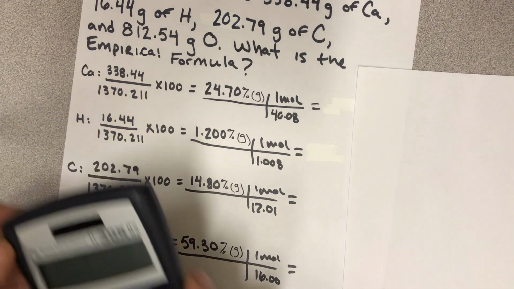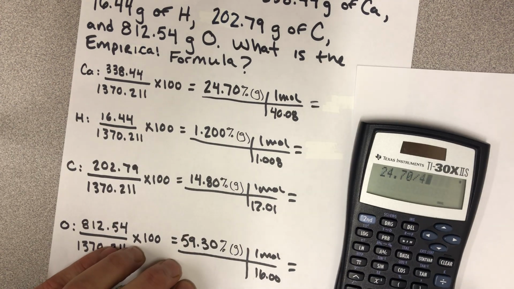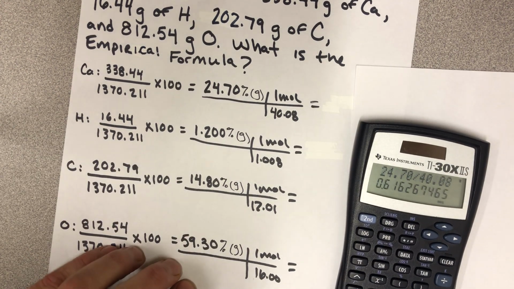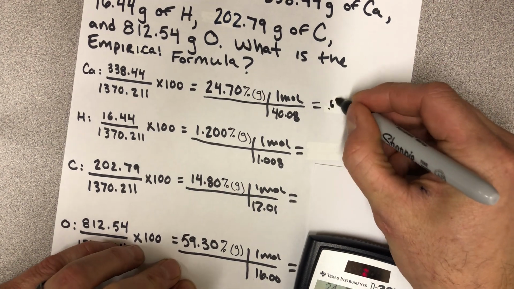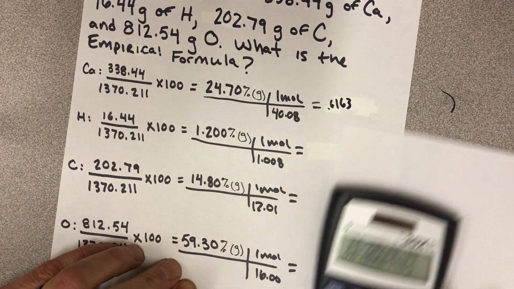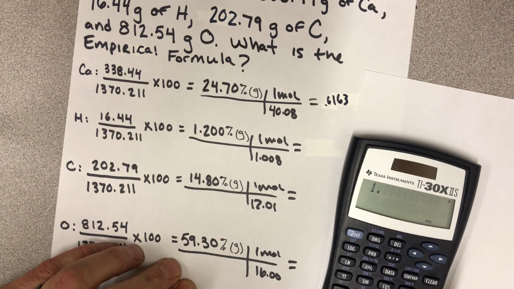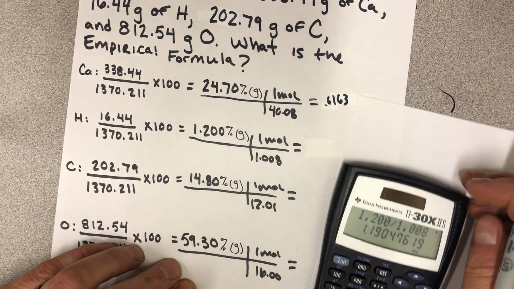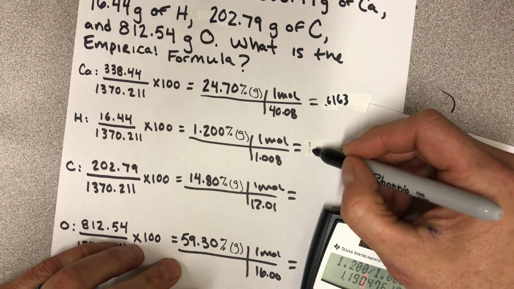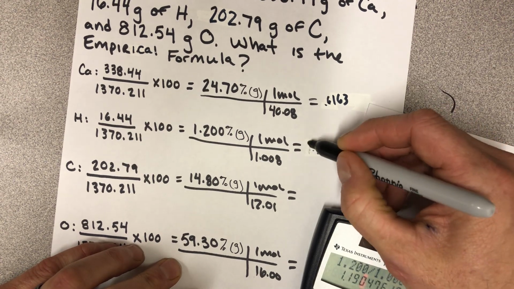24.70 divided by the molar mass of calcium, which is 40.08. That gives us 0.6163. Okay, next one here, 1.200 divided by 1.008, that gives 1.190.